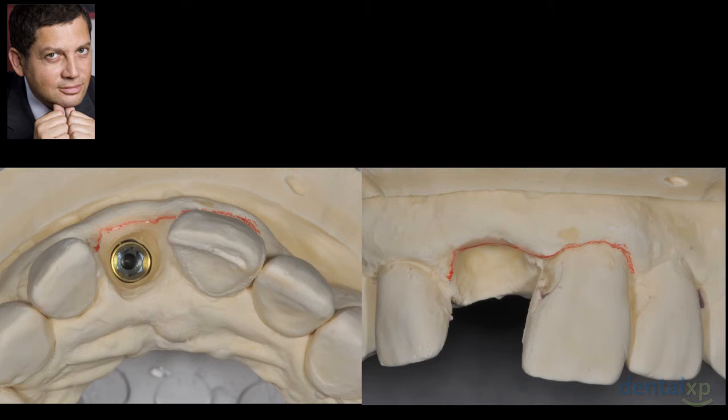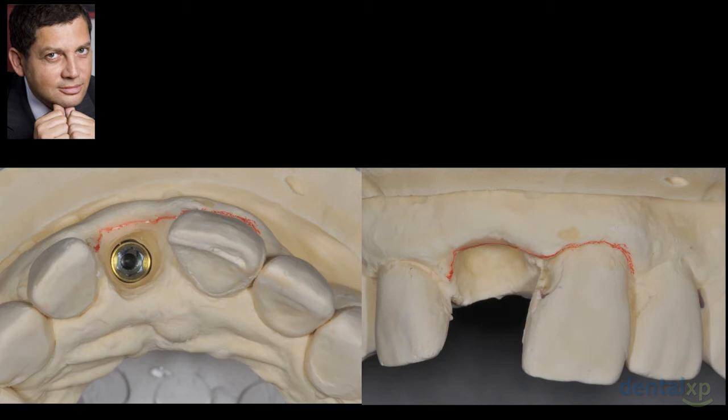The design can be concave, straight, or convex depending on the implant position. To reach this position of the gingival margin from the position of the implant, and according to the implant depth, we have to create different emergence profiles.